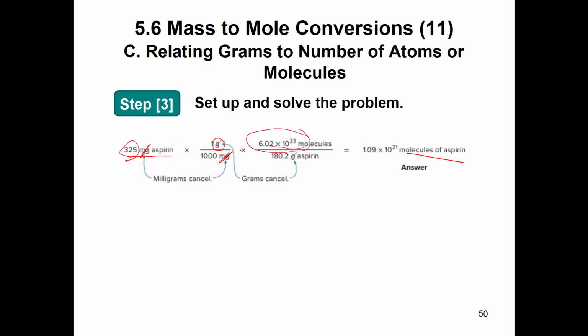Make sure that you're doing that correctly with your calculator. And then you're going to divide by 1,000 times 180.2. Make sure you're putting it in your calculator correctly. Make sure you try this calculation specifically and make sure you're getting 1.09 times 10 to the 21st. If you're not, you're probably not putting this in parentheses before you divide, or you're not putting this in the correct way in your calculator.